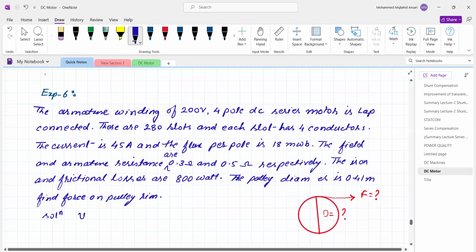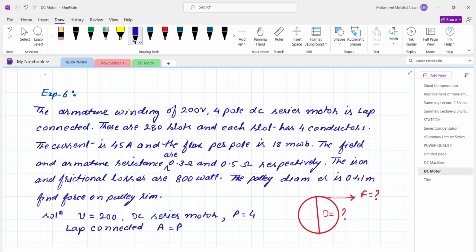Voltage is 200 volt supply voltage. DC series motor, 4 pole, P is equal to 4, lap connected. It means that A is equal to P. The number of parallel paths is equal to the number of poles for the lap winding.